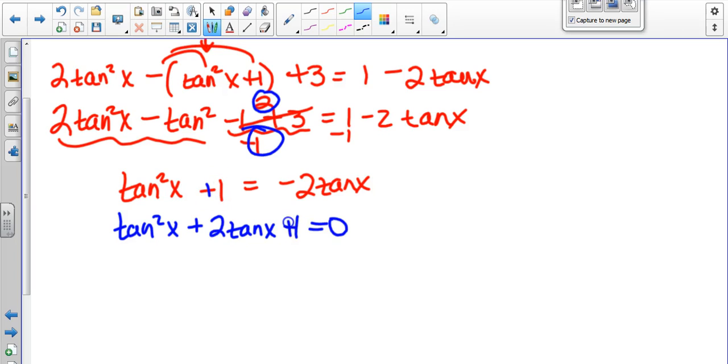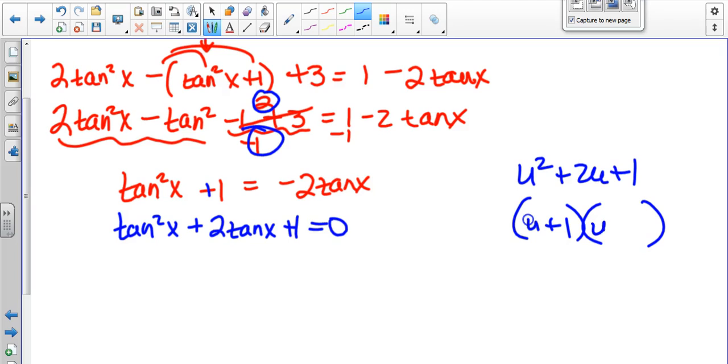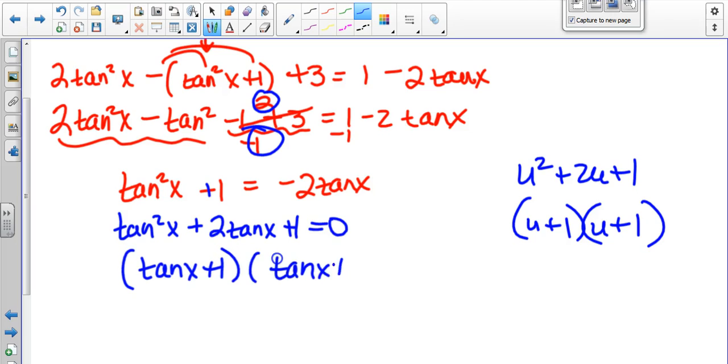Thank you. Yep, you're right. All right. This is like I have a u squared plus 2u plus 1. Does that factor, guys? U plus 1 times u plus 1, right? So this is going to factor tangent of x plus 1 times tangent of x plus 1.